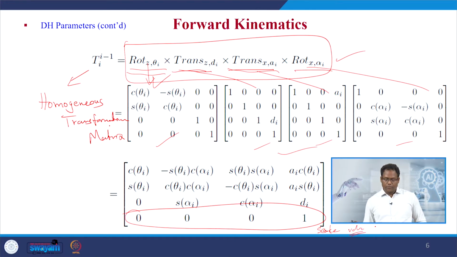That will help us in having the analysis based on DH parameters for an n degrees of freedom robotic system, in order to have the position and orientation of the end effector with respect to the base, or the position and orientation of the nth frame with respect to the 0th or base frame. We can have the simplification that is aided by this scalar term or the scalar row placed in the 4th row of the homogeneous transformation matrix.